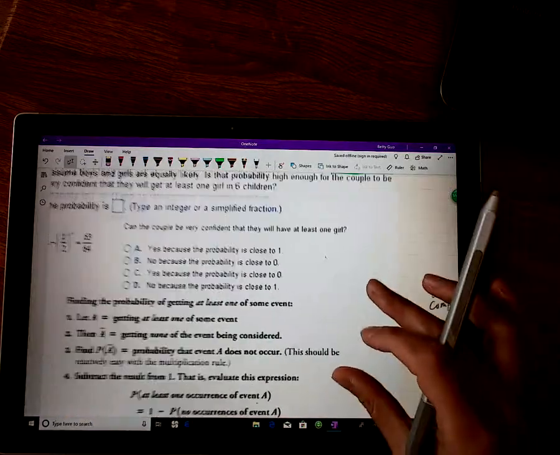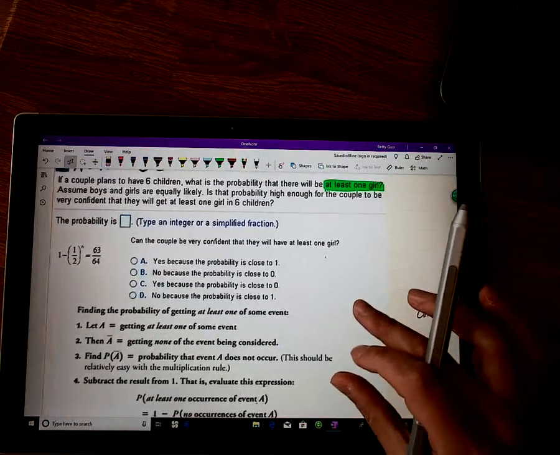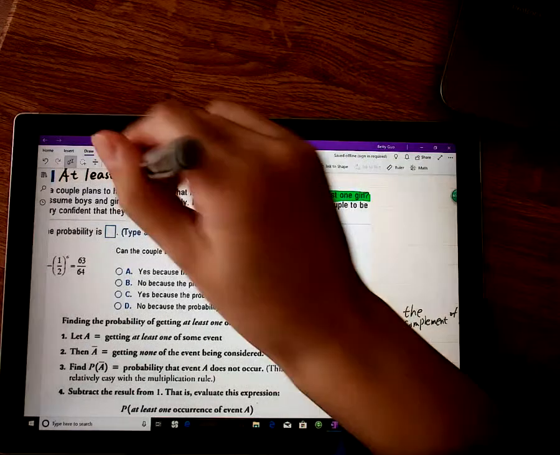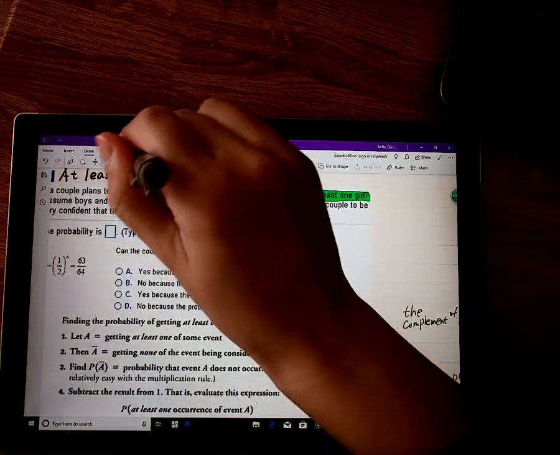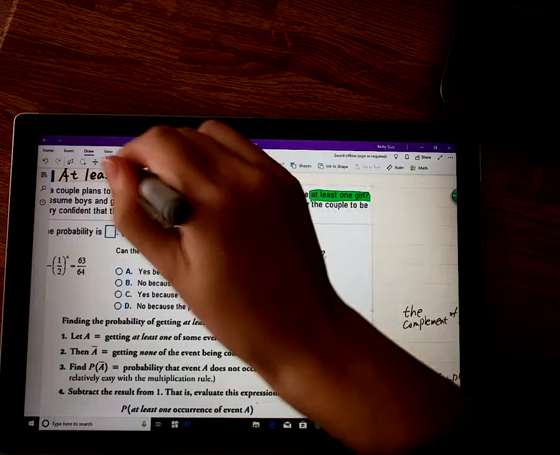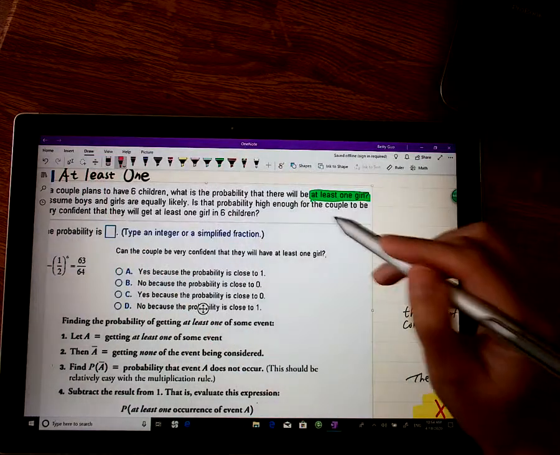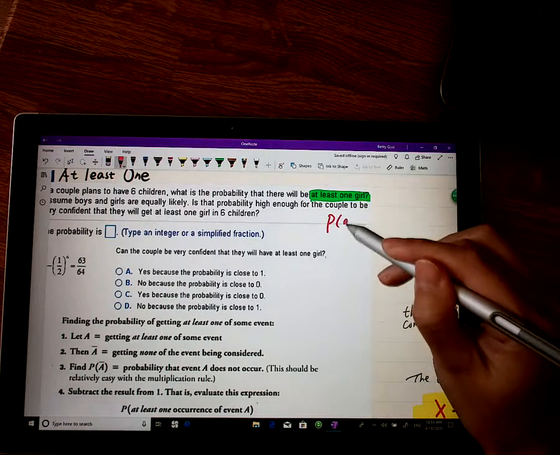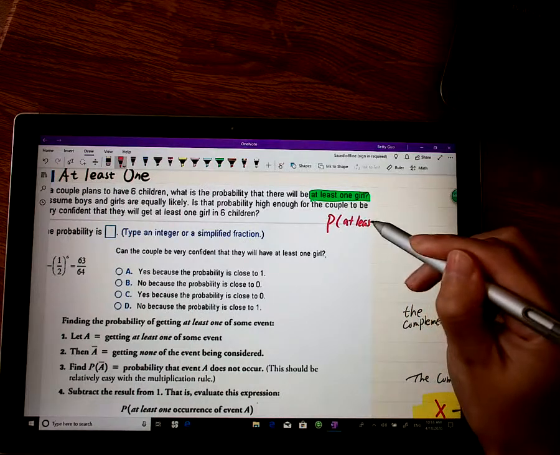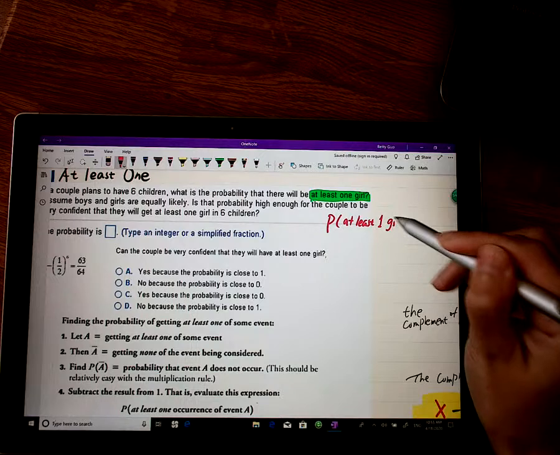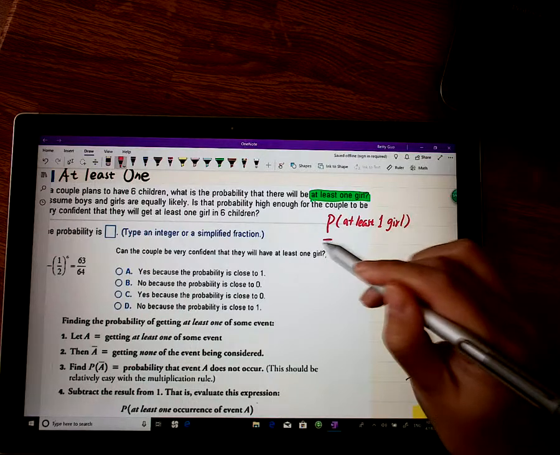I need enough space to write a solution here. All right, so let me see what color. Red color. At least 1 girl, right? We are looking for at least 1 girl. Do you remember the process?